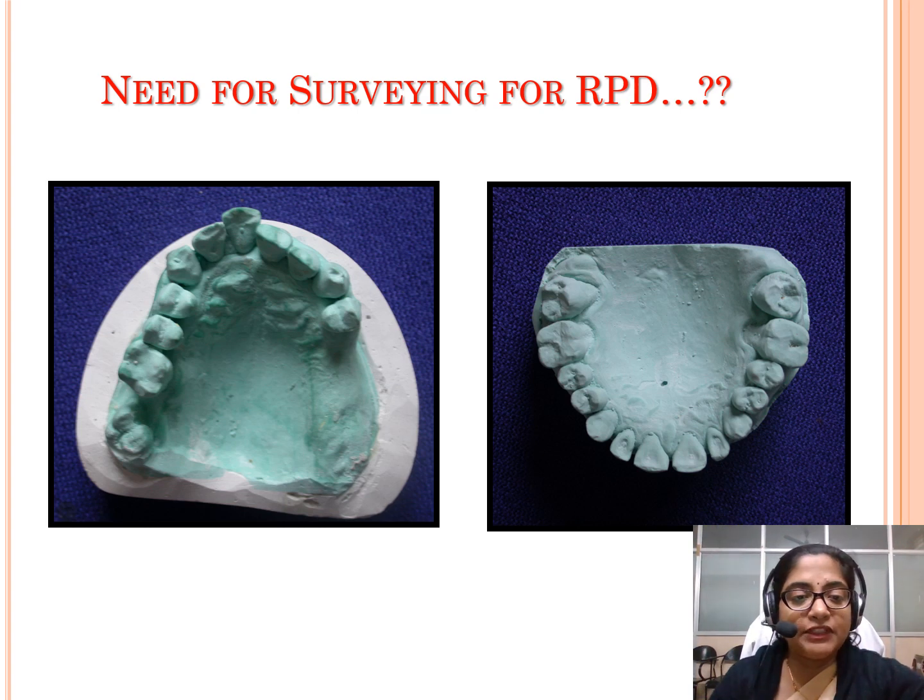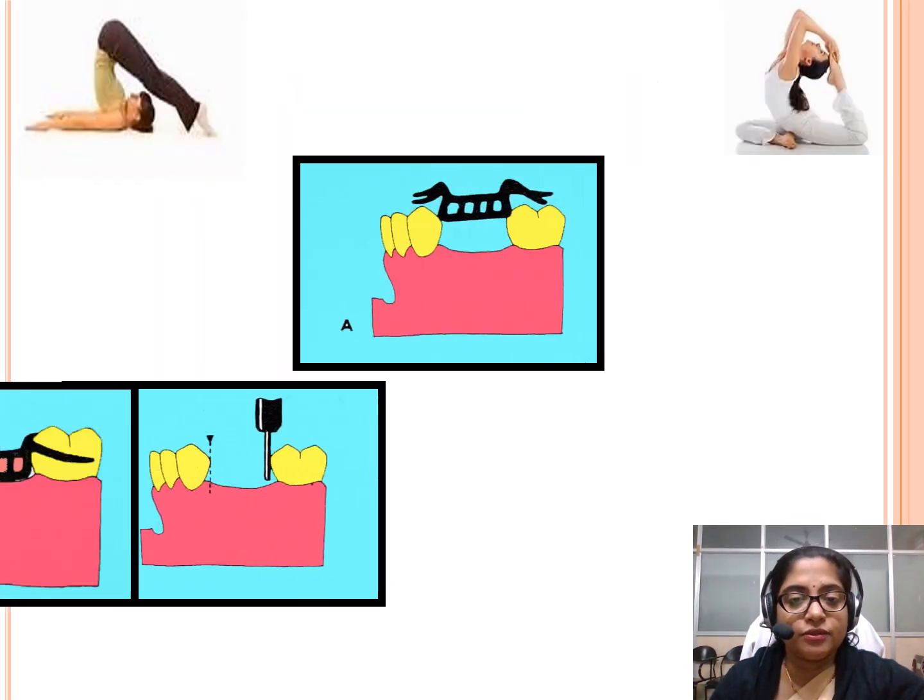We are dealing with teeth and bone, which are inflexible, and we are dealing with the soft tissues also. So all of them are not aligned in an exactly parallel manner in all situations in all patients, and that is why, when we are replacing the teeth, we need to make them parallel as much as possible to facilitate the proper insertion and placement of the removable partial denture.